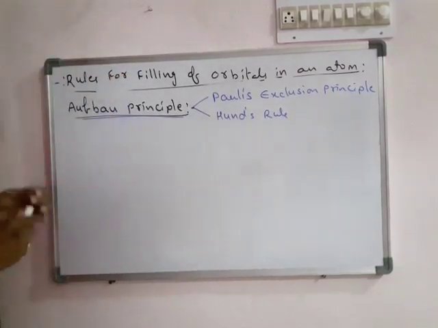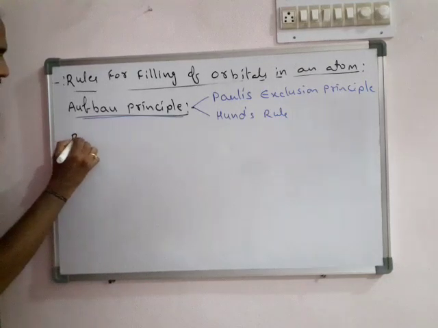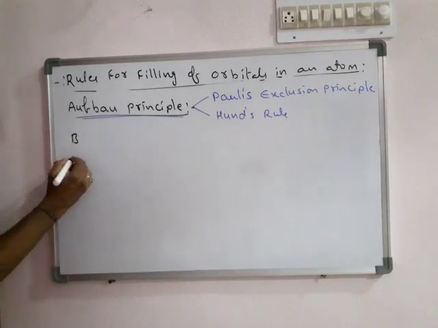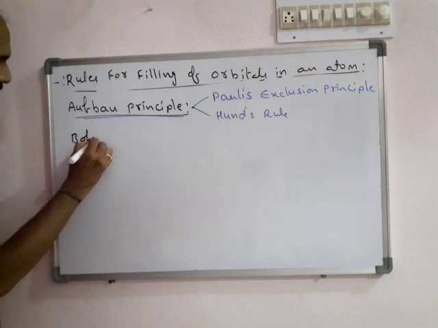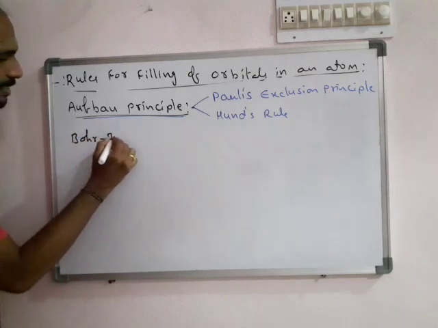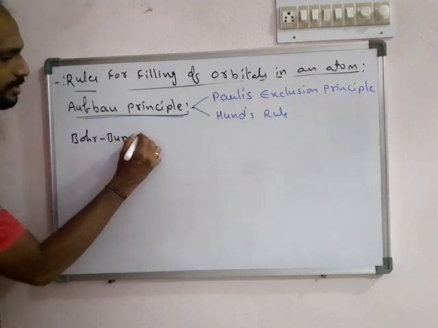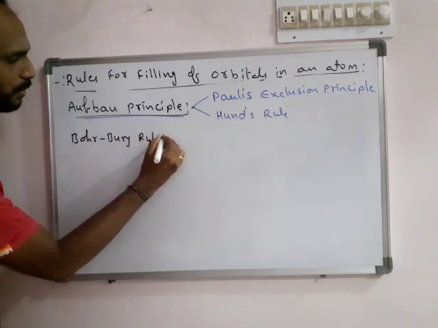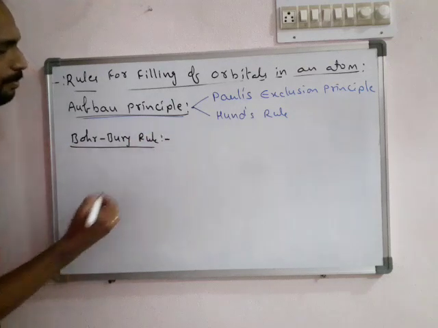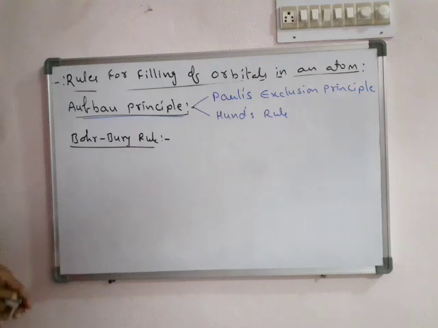For this we follow a formula given by two scientists named Bohr and Bury, which is known as the Bohr-Bury rule. What is the importance of this Bohr-Bury rule?